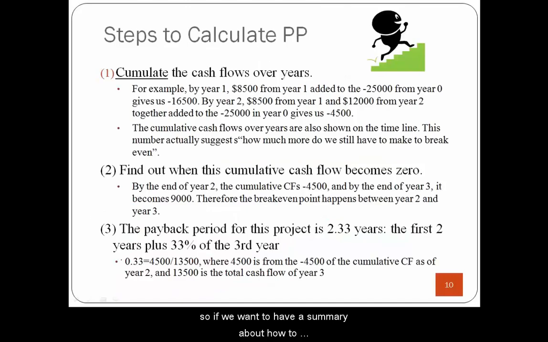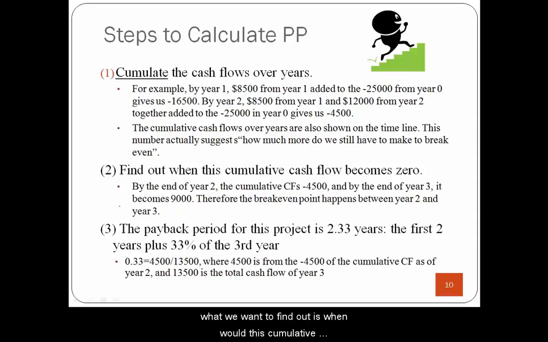So if we want to have a summary about how to calculate the payback, we try to accumulate the cash flows over years. And in year 1, 8,500 from year 1 added to the negative 25,000 from year 0 gives us a negative 16,500, and you do it year by year. And so this result usually suggests how much more we still have to make to break even, or say to recover the initial investment.